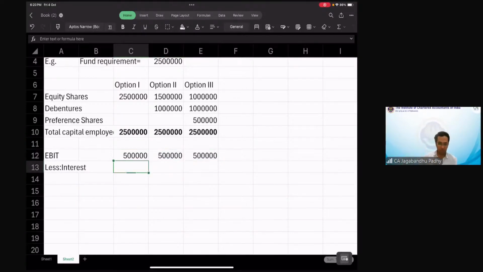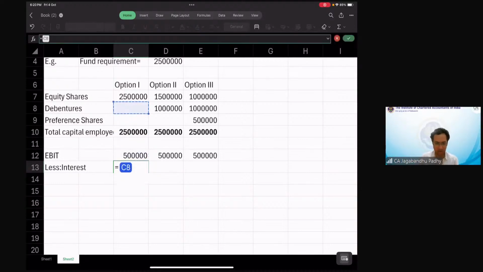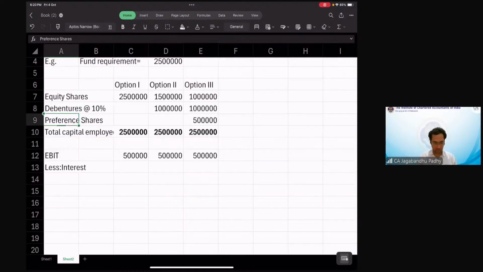Because in option 1, are we going to have any interest? If we are going to raise money by way of equity, are we going to have any interest? Of course not. Now, suppose I need to assign some cost also. Let's say debentures are at the rate of 10%.